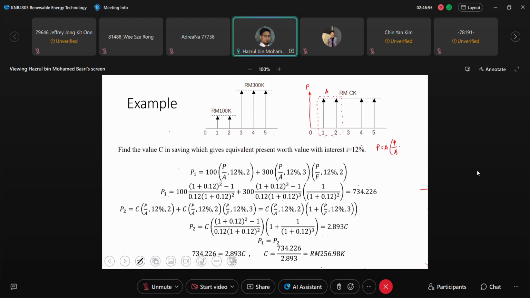How many percent? 12%. How many years? 1, 2. 2 years. There you go. You have this P, and this is the formula: C, P over A, 12%, 2 years.